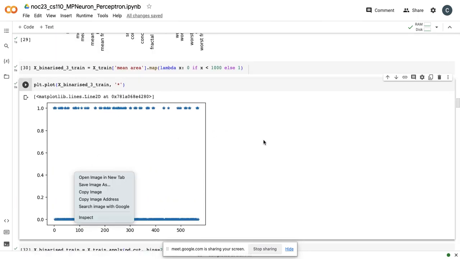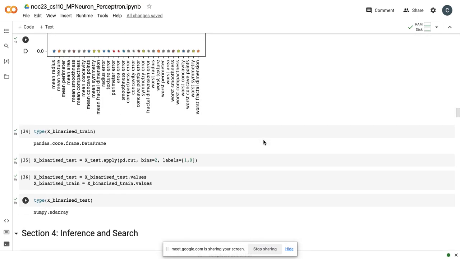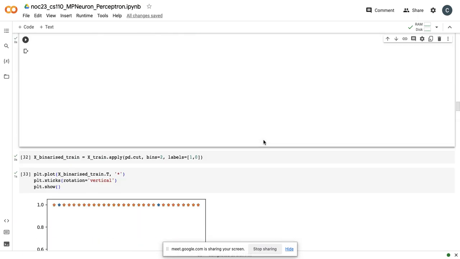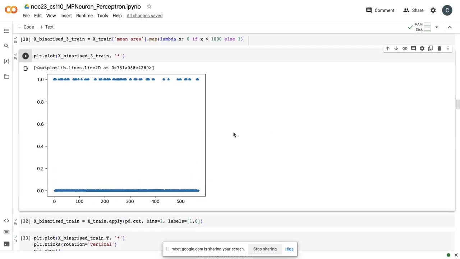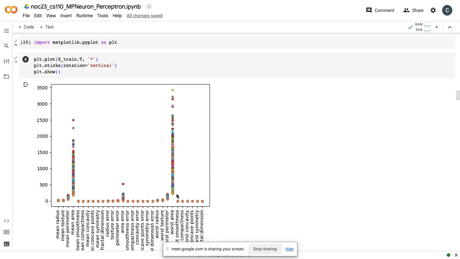Now while doing this, we get another important insight about modeling the data for each feature. Here we said that anything below 1000 will be considered as 0, and anything above 1000 as 1. But we have found that most of the parameters, if you can see in this graph, are actually between 0 to 50 or 0 to 100.